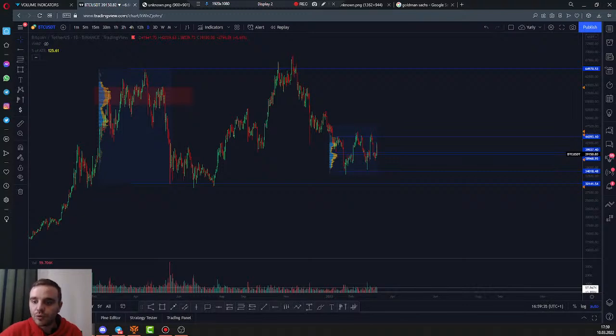When you're looking at the volume, is there a way to know if it's bullish or bearish?